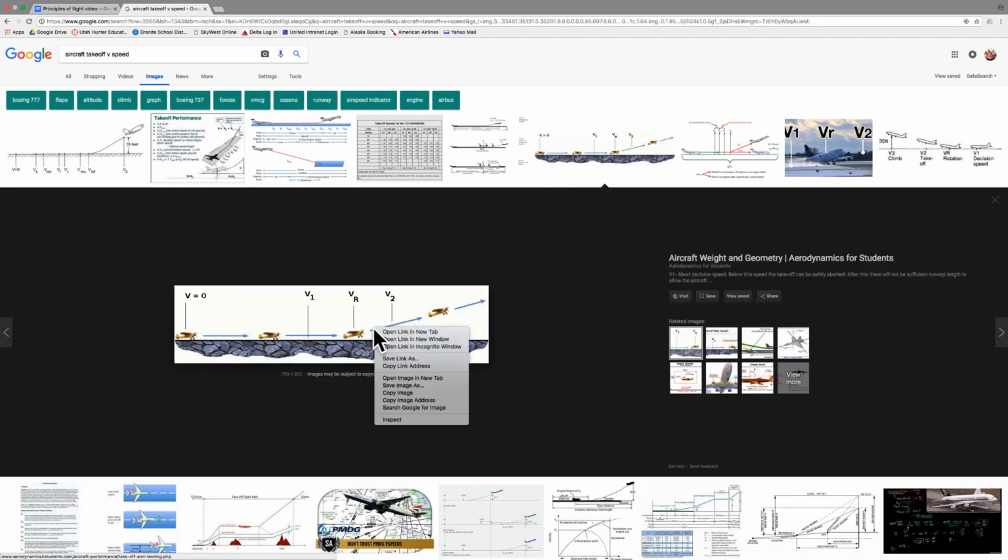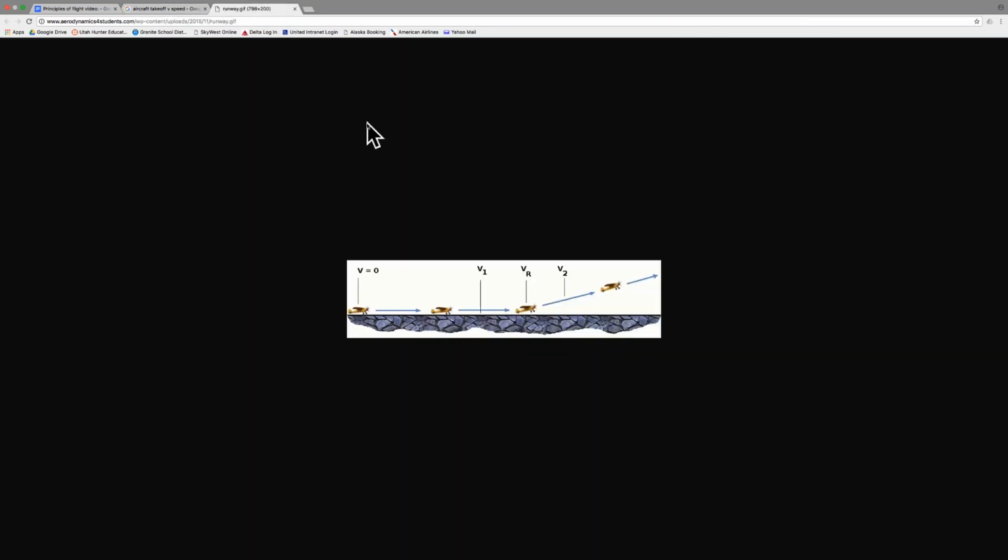So these are our takeoff, what we call V speeds.